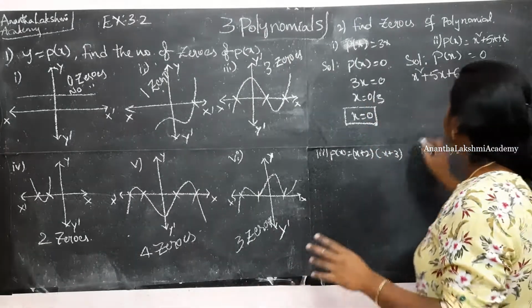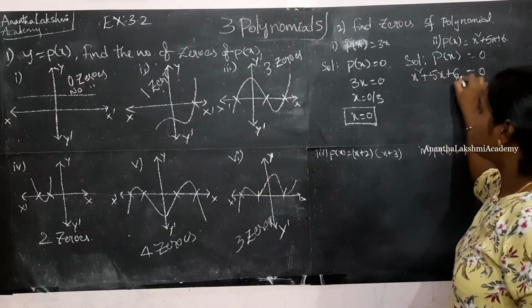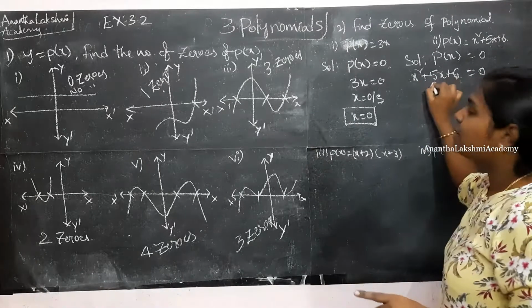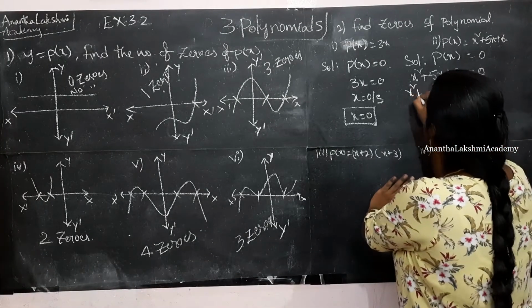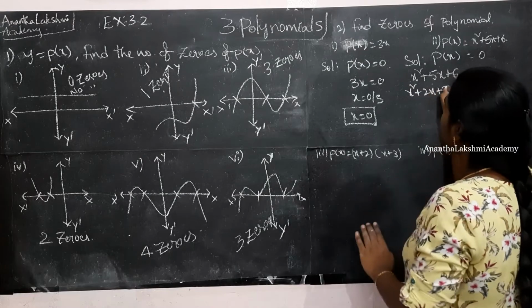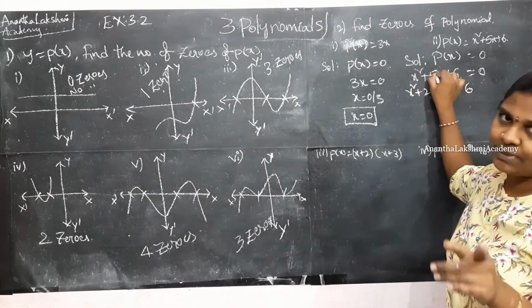All right, so for this, the product of the coefficient of x square and the constant is 6, and the sum has to be 5. So I am going to consider this as x square plus 2x plus 3x plus 6, as 2 and 3 are the factors of 6. When I sum them, it gives a summation of 5.